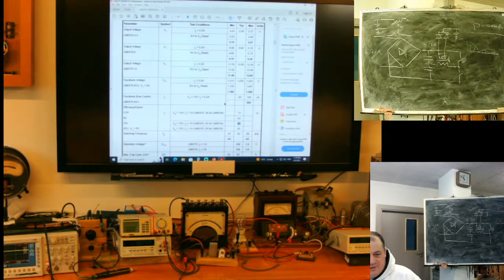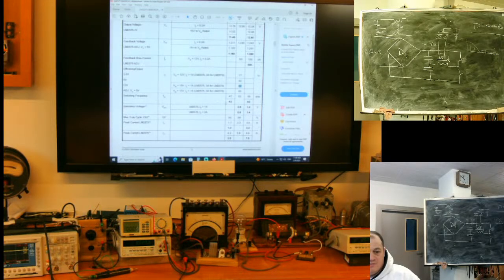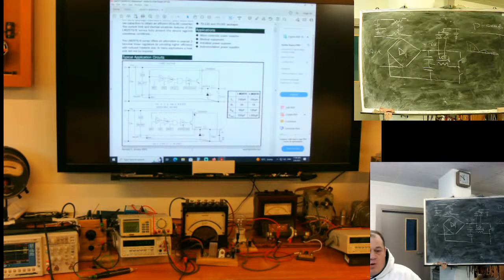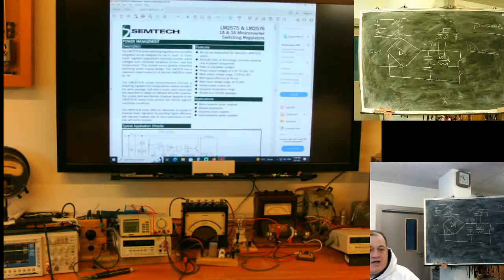It is good. Input voltage from 4 volts to 40. Output can reach up to 35 volts.